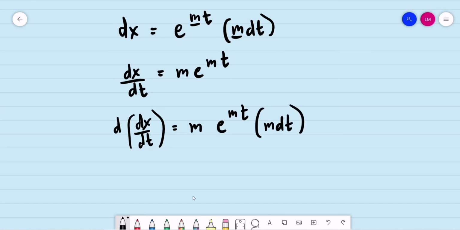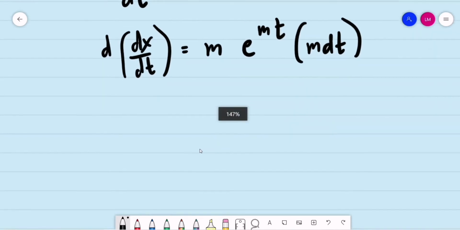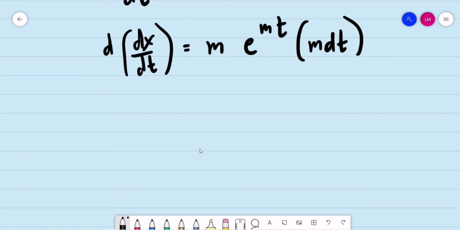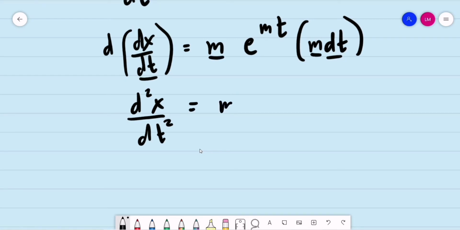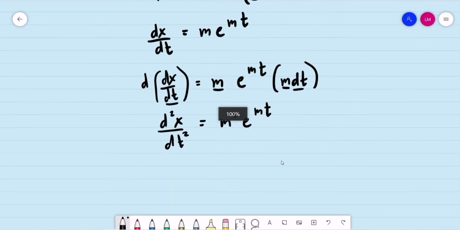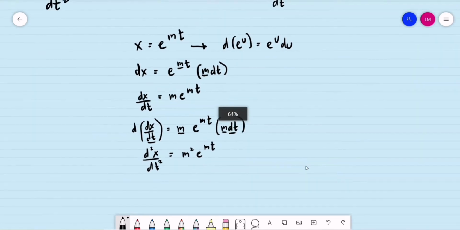So we are now to simplify. This is now for the second derivative, d squared x divided by dt times dt, that is dt squared, is equal to m times m, that will be m squared e raised to m times t. That will be the equivalent of the second derivative.